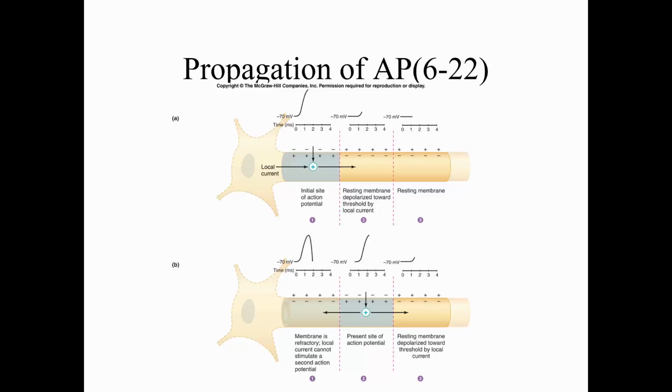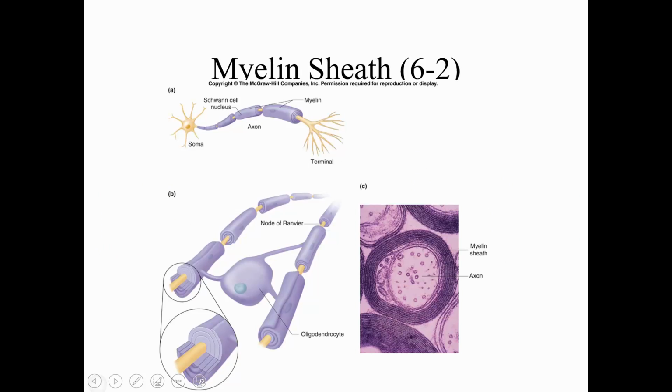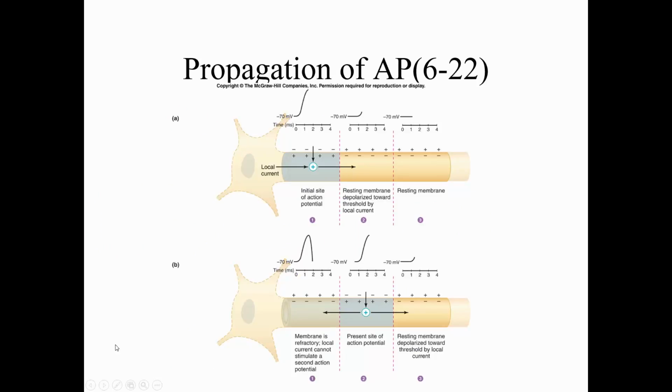All right. Now another thing here is that action potentials don't just stay put. They propagate. They go places. They're action potentials, they move actively. So here's where our action potential starts.